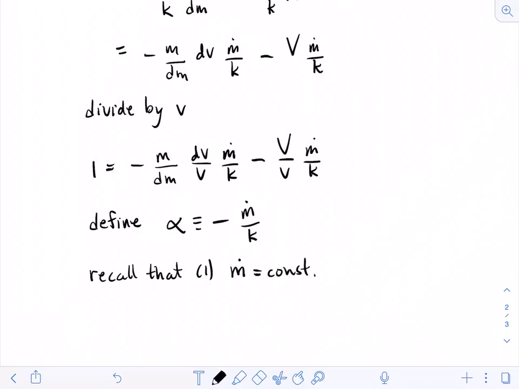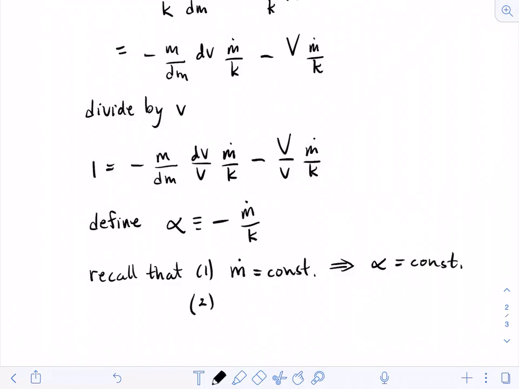That's what we assumed was going to be the case. And k is also a constant. It's our drag coefficient. And so this alpha is constant. If m dot is a constant and the drag coefficient is constant, then alpha is equal to a constant.